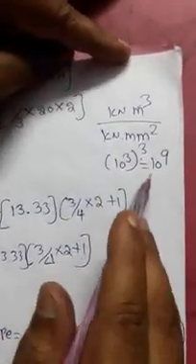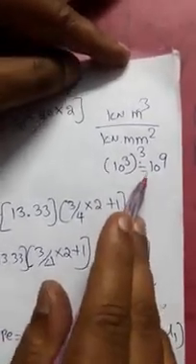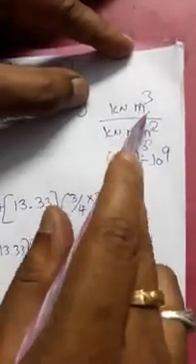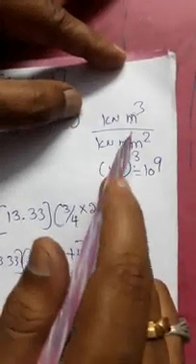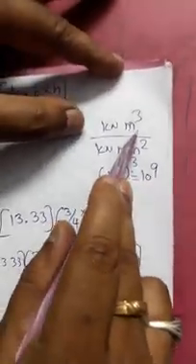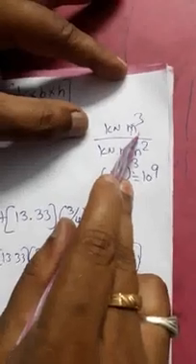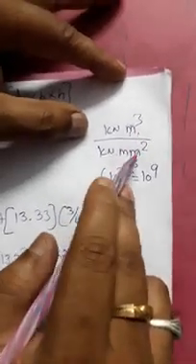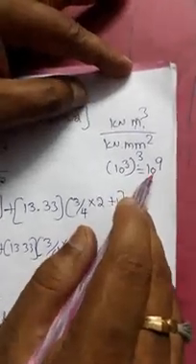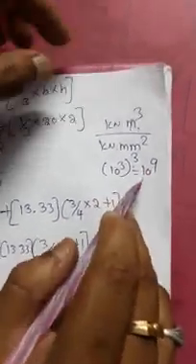After conversion from meter cube to mm cube, if you multiply with 10 to the power of 9, you directly get the answer in mm.